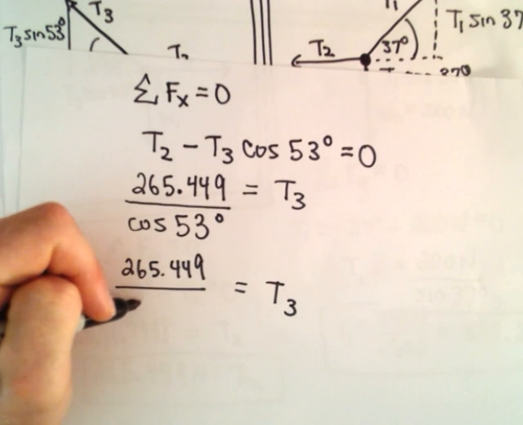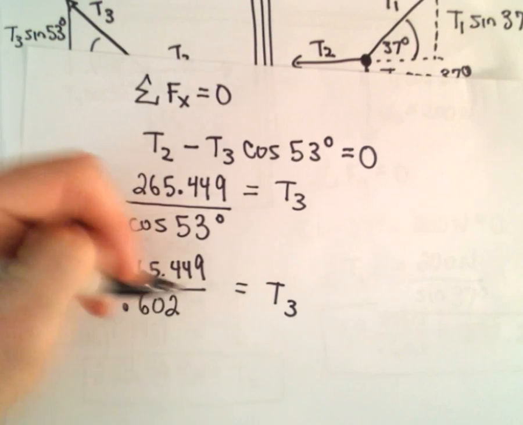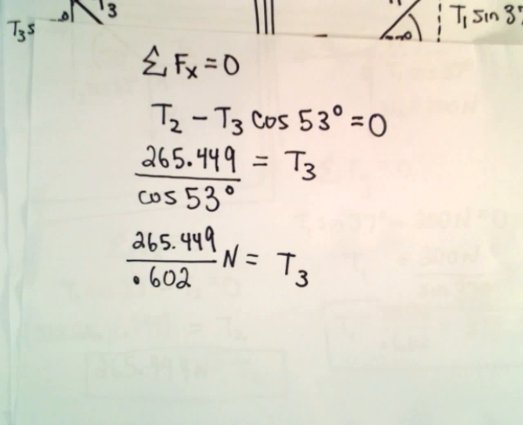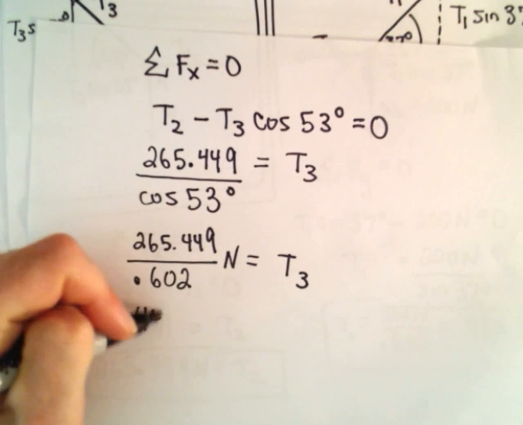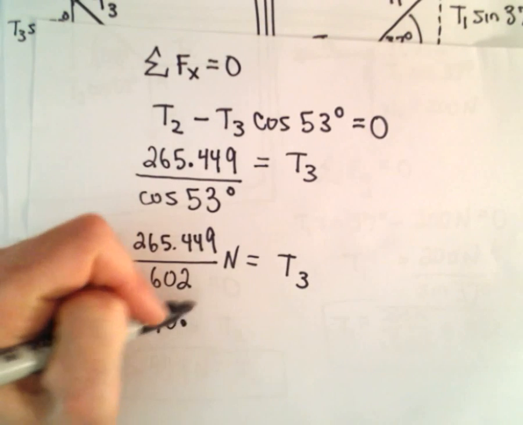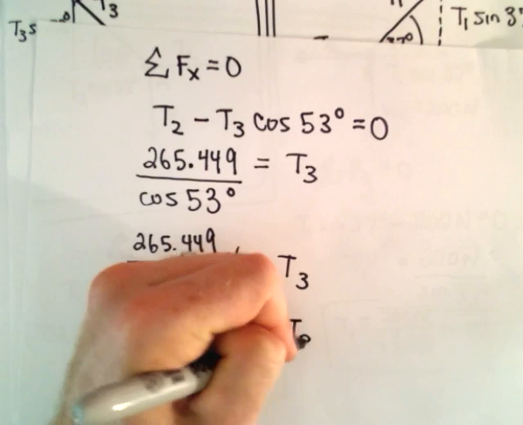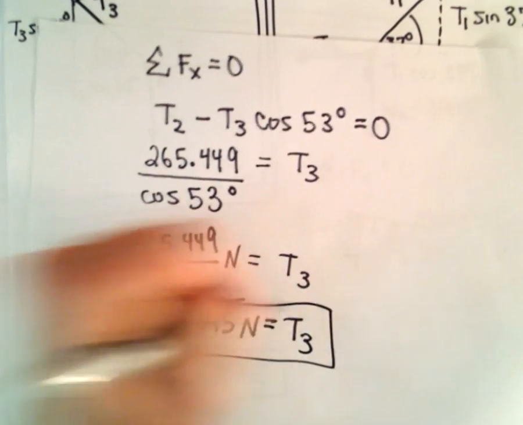So if we round, that's 0.602. So 265.449 divided by 0.602, I'm getting 440.945 newtons after rounding. So there's our T3.